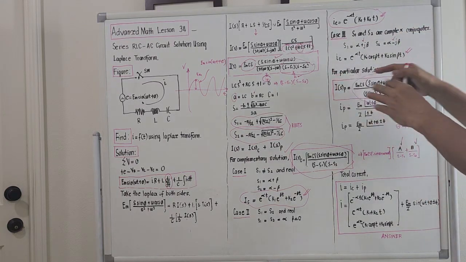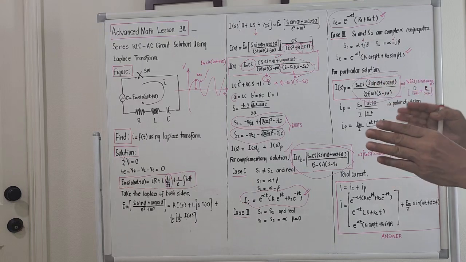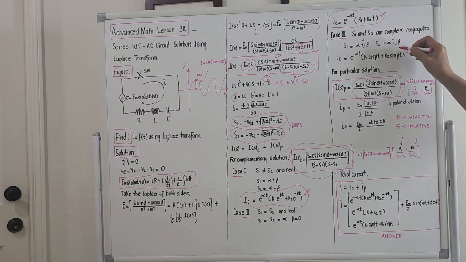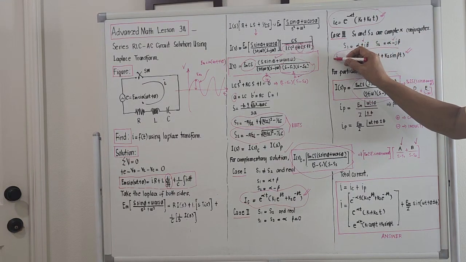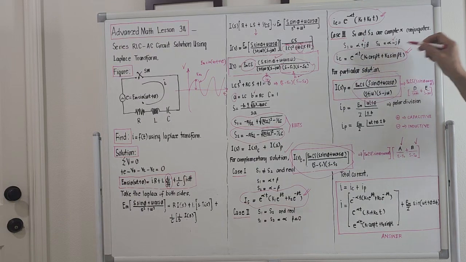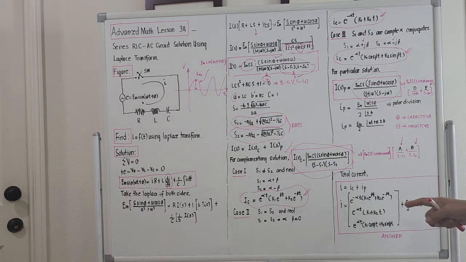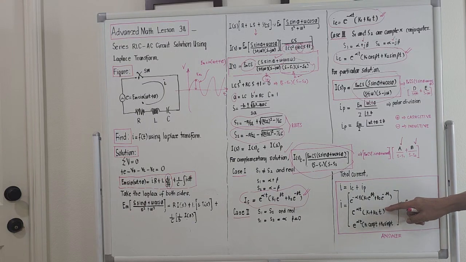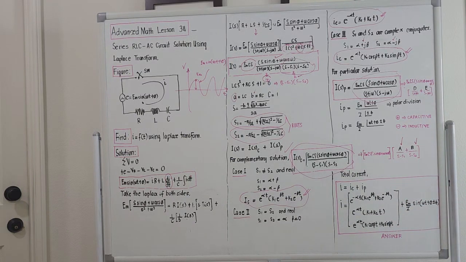They are of the same value, but the sign of the imaginary part is the reverse of the first one. For case number 3, the complementary solution will be this one. So actually, in total, there are 3 cases for the possible solution of the complementary solution: case number 1, case number 2, and case number 3.